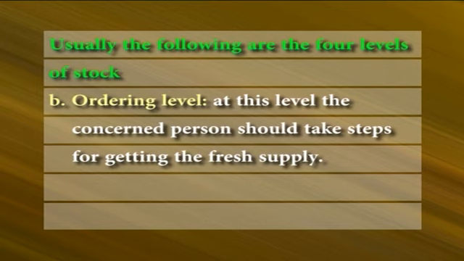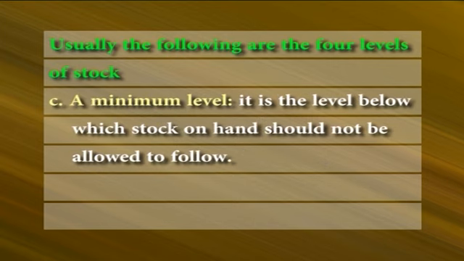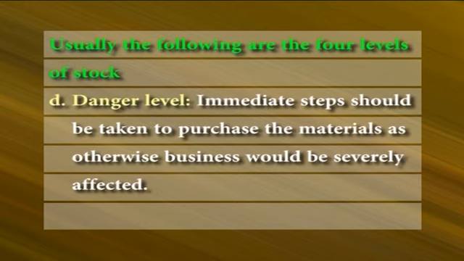At this level, the concerned person should take steps for getting the fresh supply. Minimum level. It is the level below which stock on hand should not be allowed to fall. Danger level. Immediate steps should be taken to purchase the materials, as otherwise business would be severely affected.